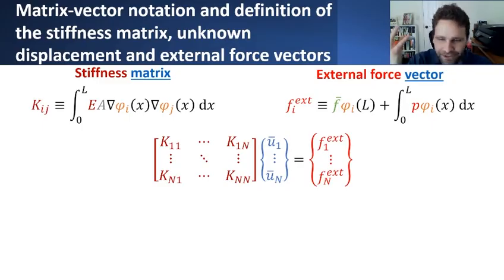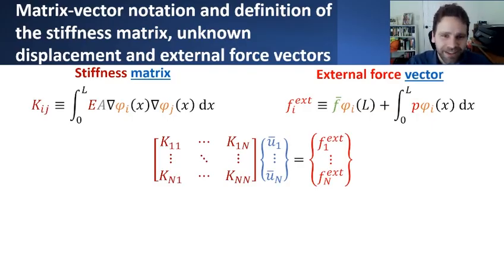So a total of n unknown displacement coefficients and n equations expressing the equilibrium of the system in this weighted integral average sense. From these n equations and n unknowns, we can assemble this square symmetric system of equations. In the case of a symmetric Galerkin method, the resulting stiffness matrix will be a symmetric square matrix.